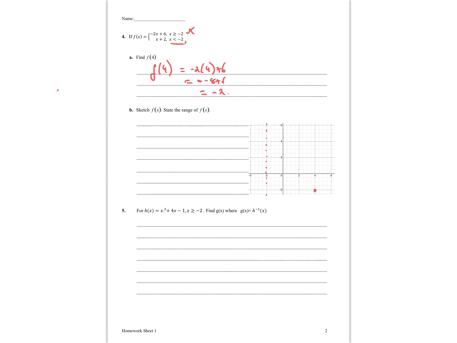So I'll do the top one in red. So it's a negative gradient with a y-intercept of 6. So there's the y-intercept there. If I get my ruler out, there it is. So it's going to look something like that.